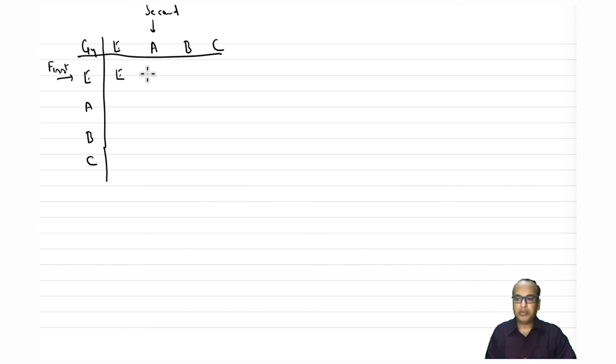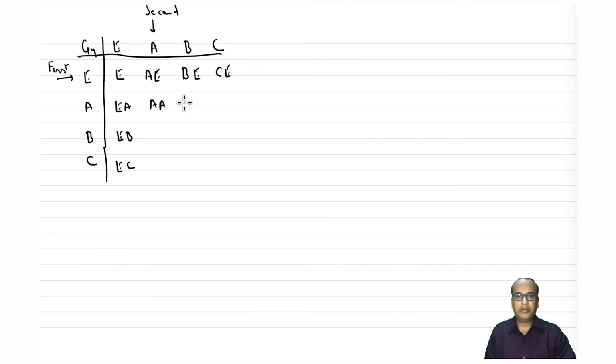So it will be written as AE, because this is my first operand and this is my second operator. Similarly, here it will be written as BE, CE, and here it will be written as EA, EB, and EC.